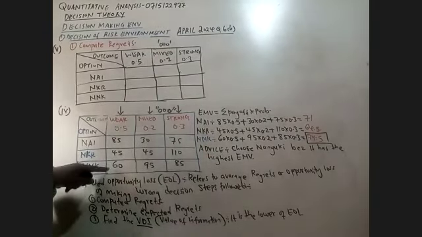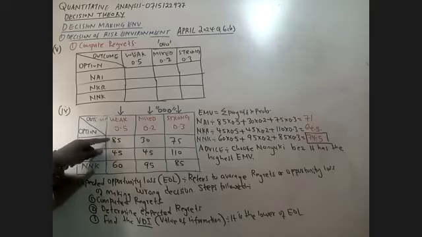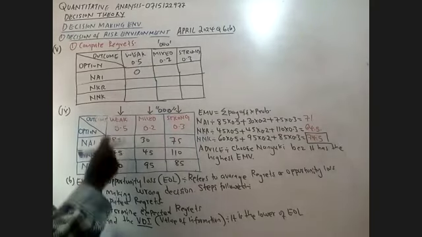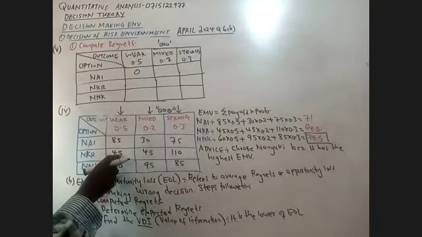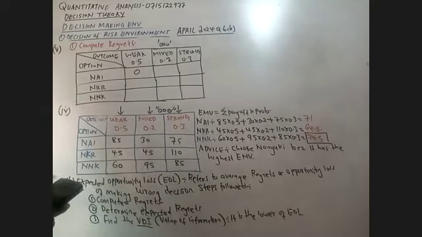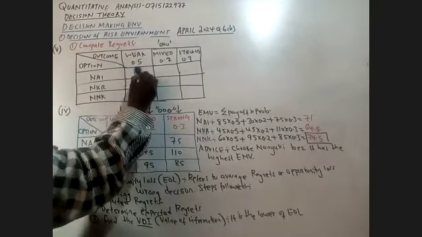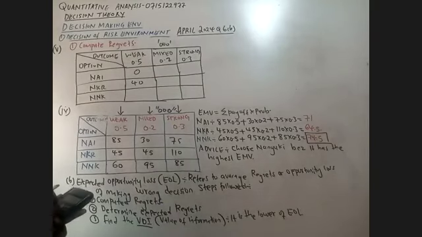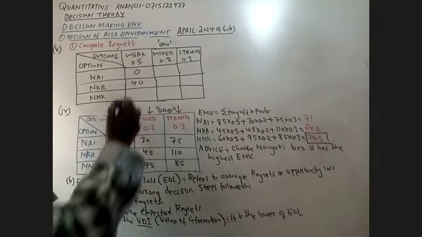Which one is the highest? 85. So 85 minus 85 is 0. 85 minus 45 is 40. 85 minus 60 is 25.